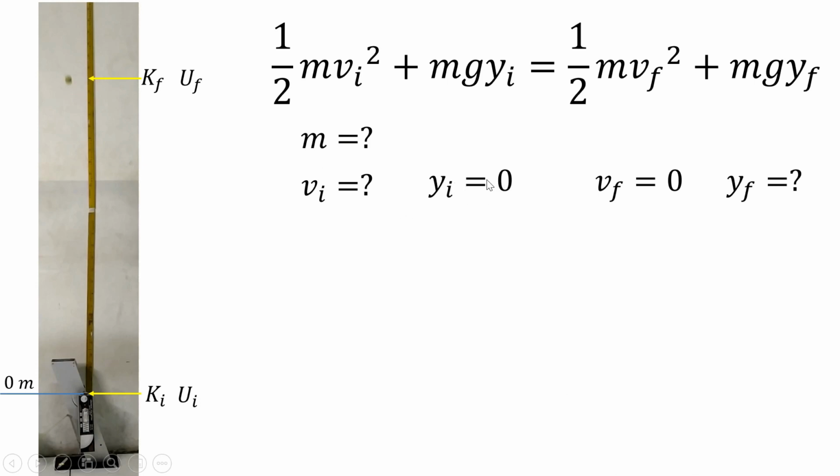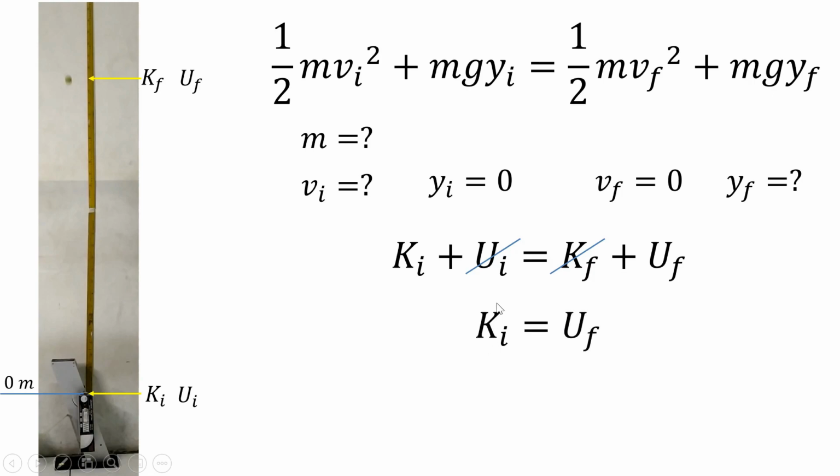Since two variables are equal to 0 here, the initial potential energy and the final kinetic energy will cancel out. So we will compare the initial kinetic energy to the final potential energy: our initial energy is the kinetic energy and our final energy is represented by the potential energy.